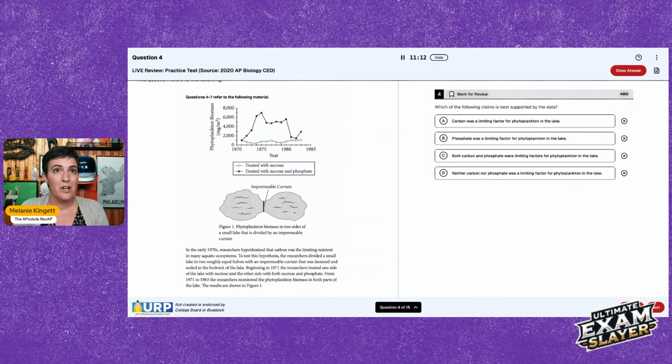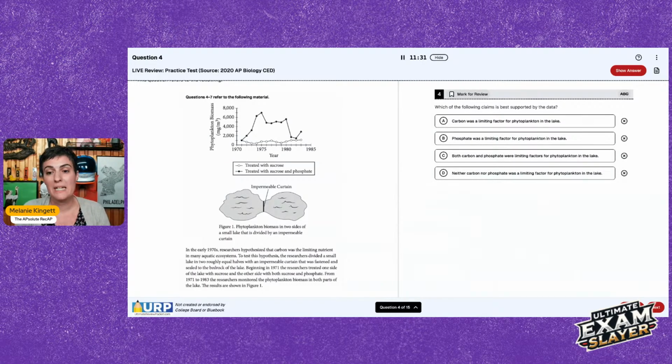What we're looking at is phytoplankton biomass, the amount of phytoplankton in this particular ecosystem. They've manipulated the environment in some way to test the effect of sucrose, or the effect of sucrose and phosphate together.